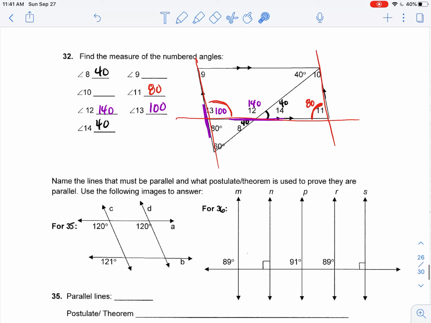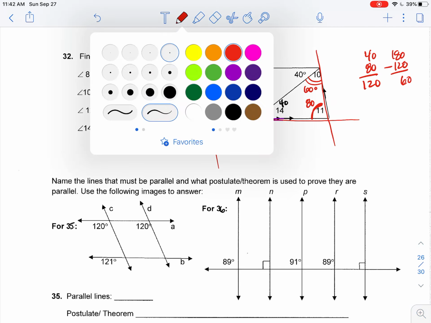Okay, let's see. If I'm looking at this triangle right here, I've got a 40 degree, an 80 degree. 40 plus 80 is 120. That means angle 10 is going to be 60 because the 3 angles in a triangle add to 180.